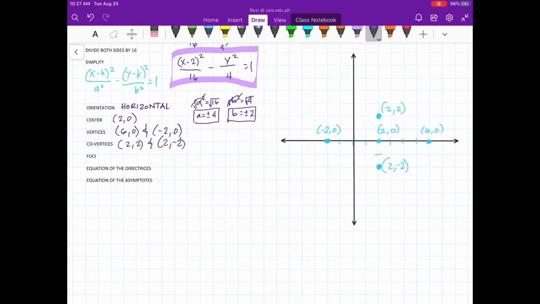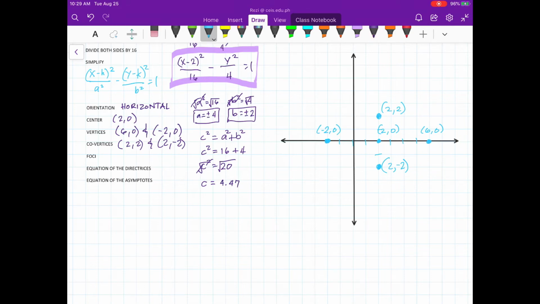For the foci, we need to solve using the Pythagorean theorem. The orientation is horizontal, therefore our foci are on the x-axis.